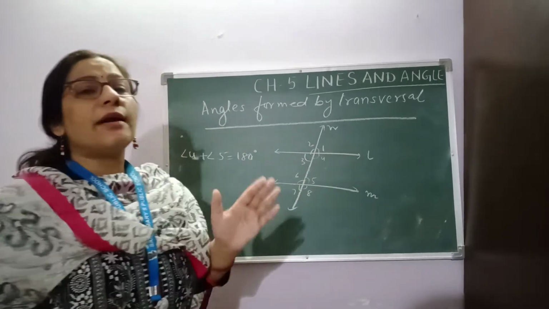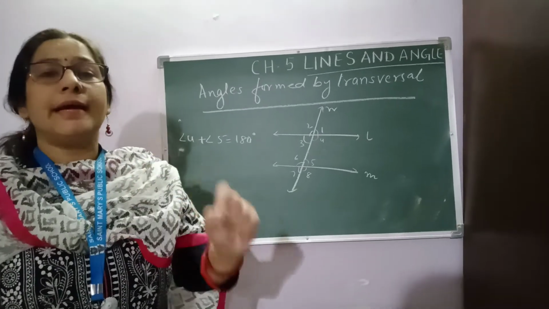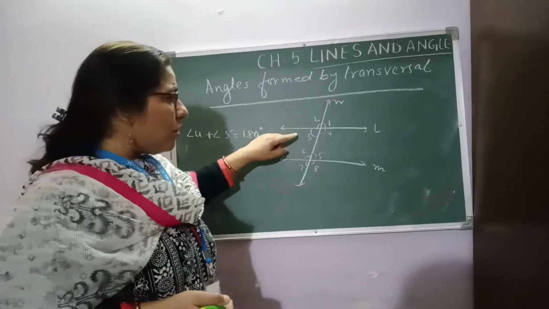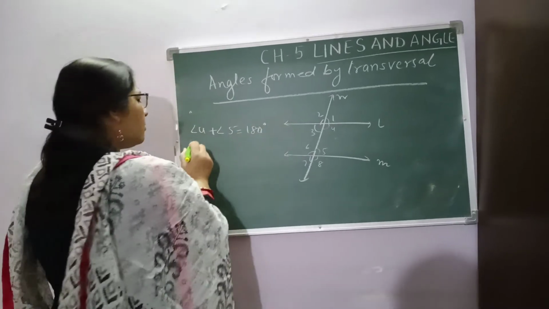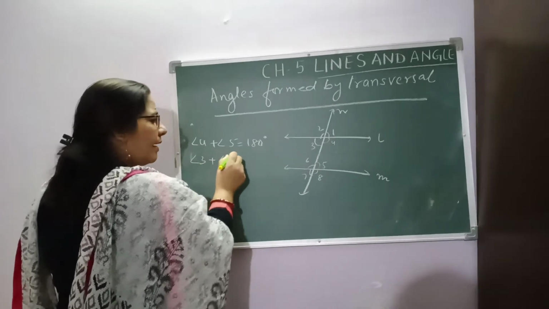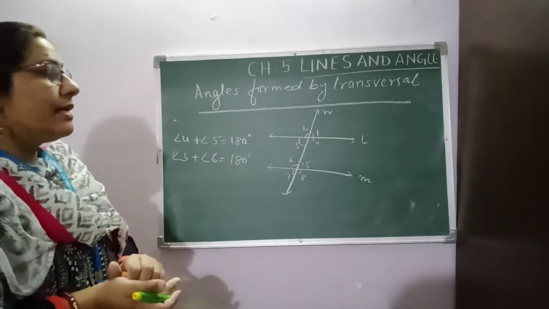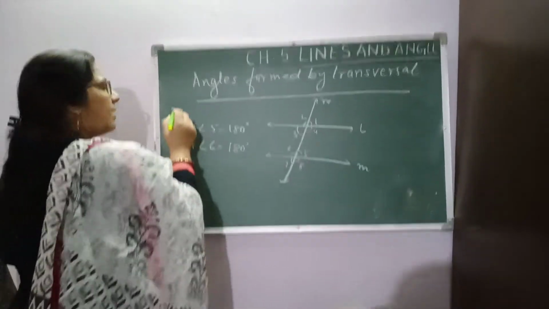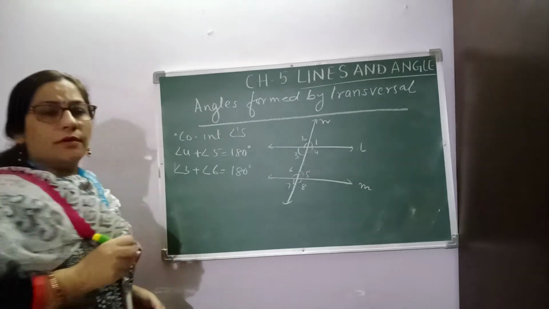If any two angles are given on the same side of the transversal, the sum should be 180 degrees. On the other side we can also say angle 3 and angle 6 sum to 180 degrees. So we can say these are also co-interior angles.